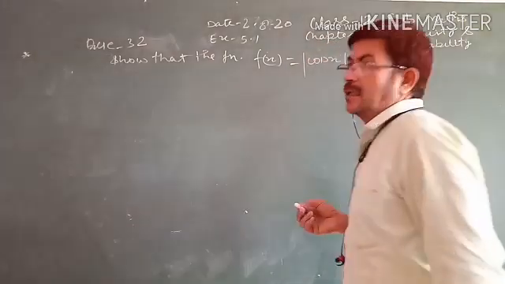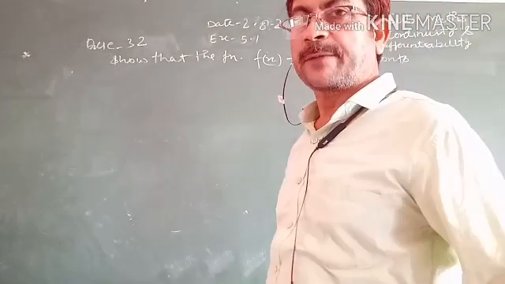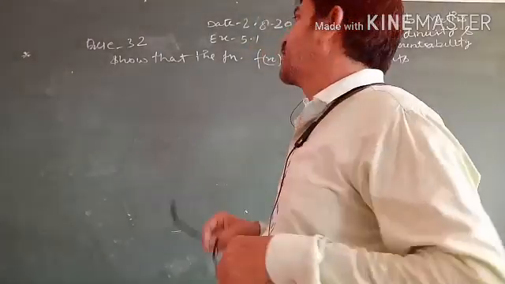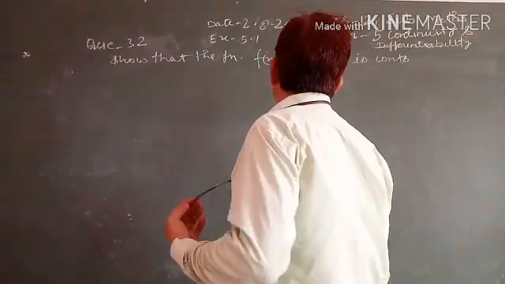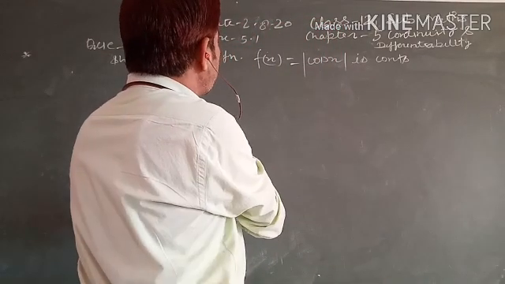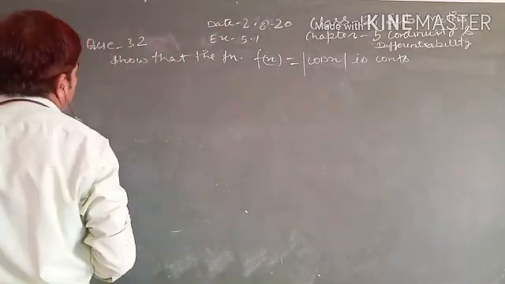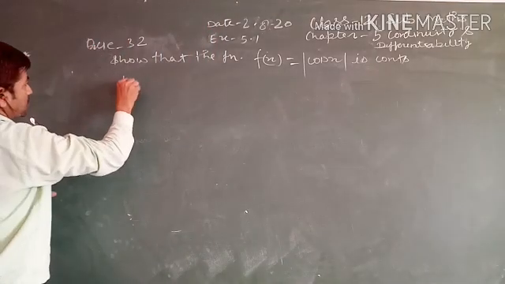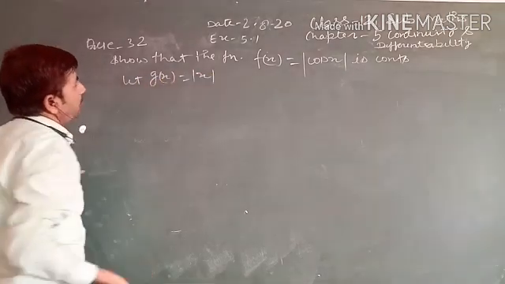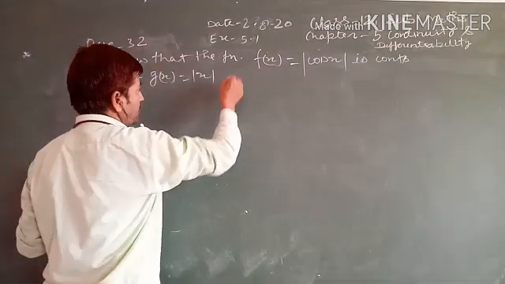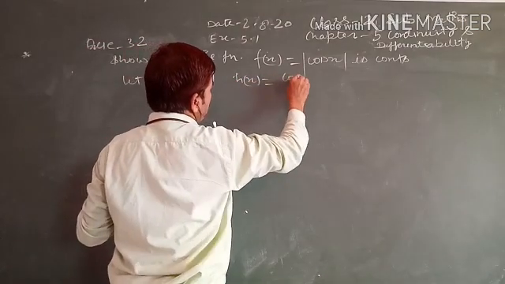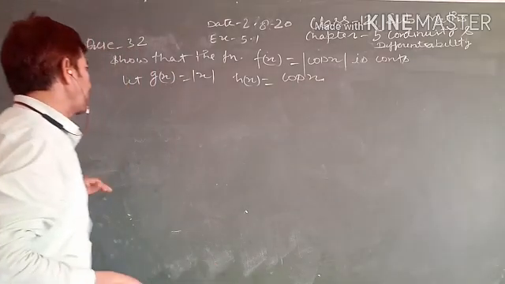First we suppose its two component functions such that their composition should be equal to f(x). g(x) is equal to the mod function, and h(x) is equal to the cos function.